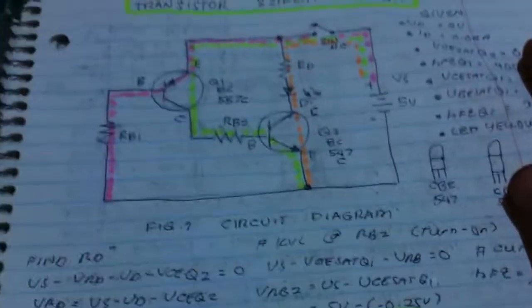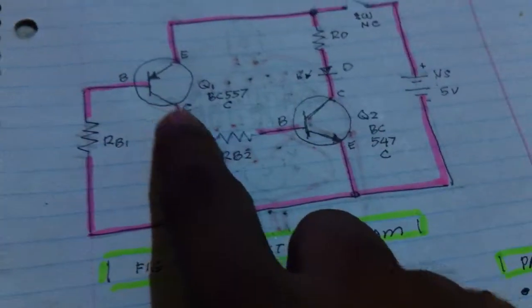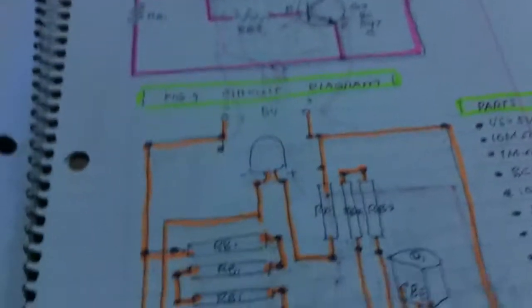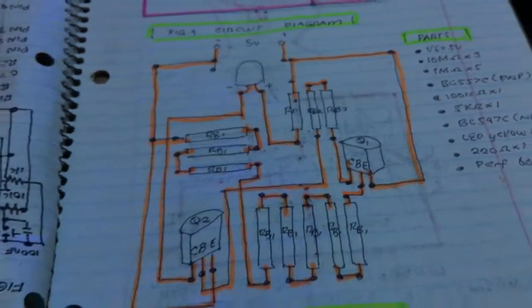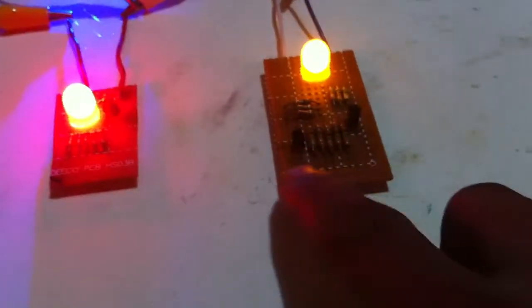So this is our circuit, and this is now our final circuit here. Circuit diagram. And we get here the layout. We have 5 resistors here, 5 resistors on transistor here, and that is transistor Q2.